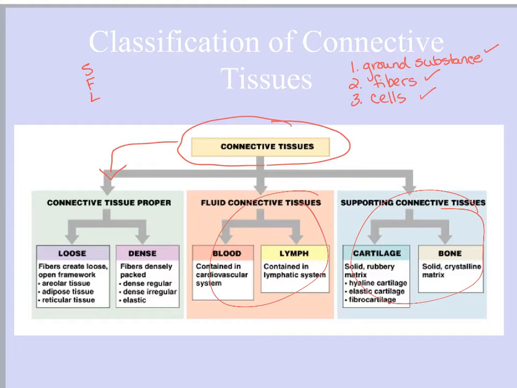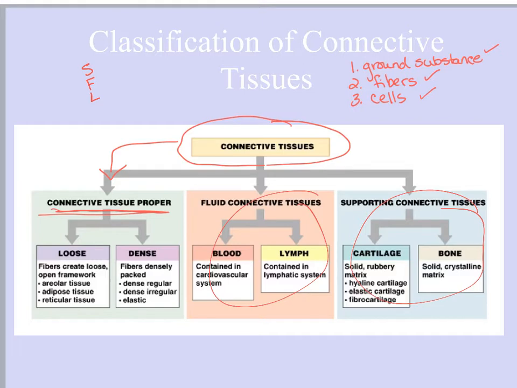So as I mentioned, we're going to move on to connective tissue proper. And that term proper just means that this is your average connective tissue. The ground substance is quite watery. There are a variety of fibers present. You find a variety of cells present.